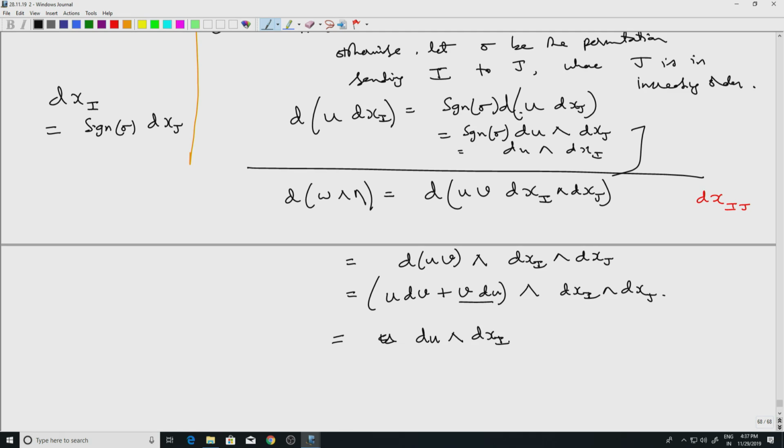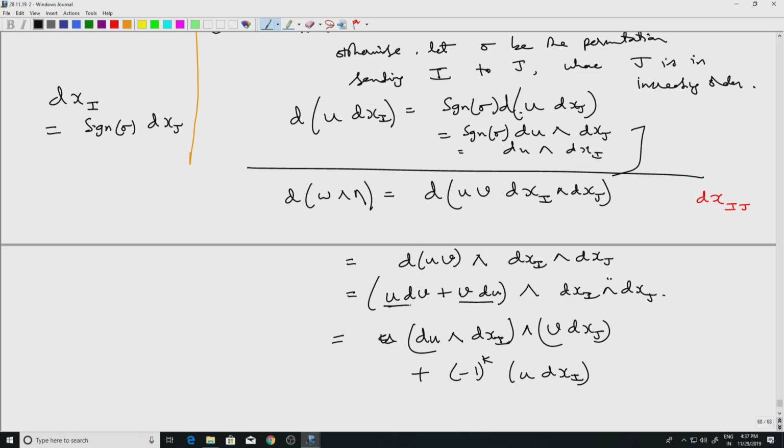So I'm combining these two, wedge v dx_J. So this v I'm taking to here, plus, here's where the negative sign is coming from, minus 1 raised to k, u dx_I.